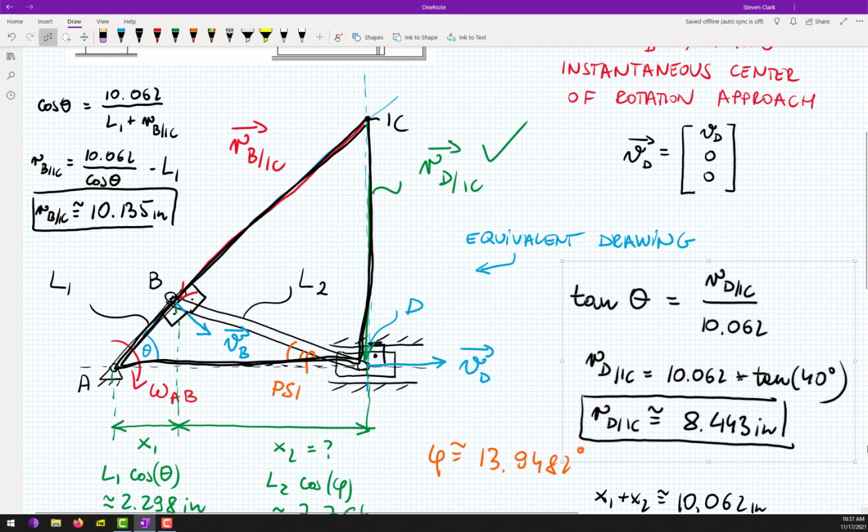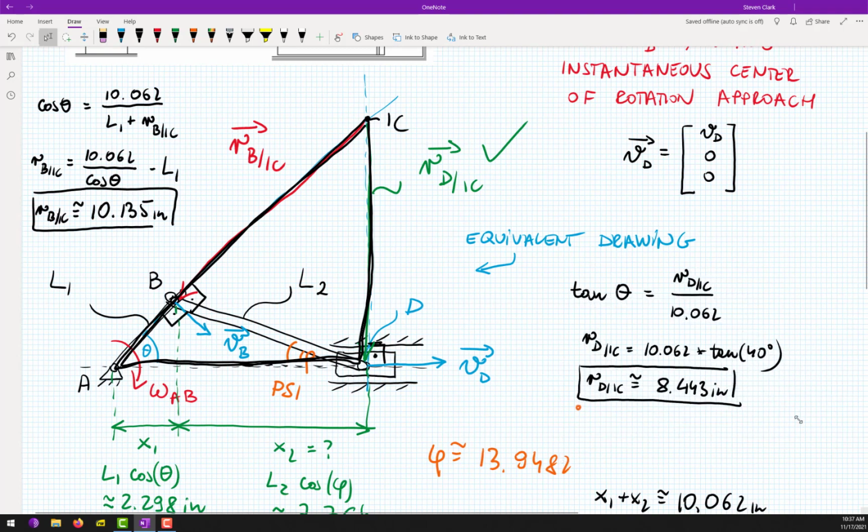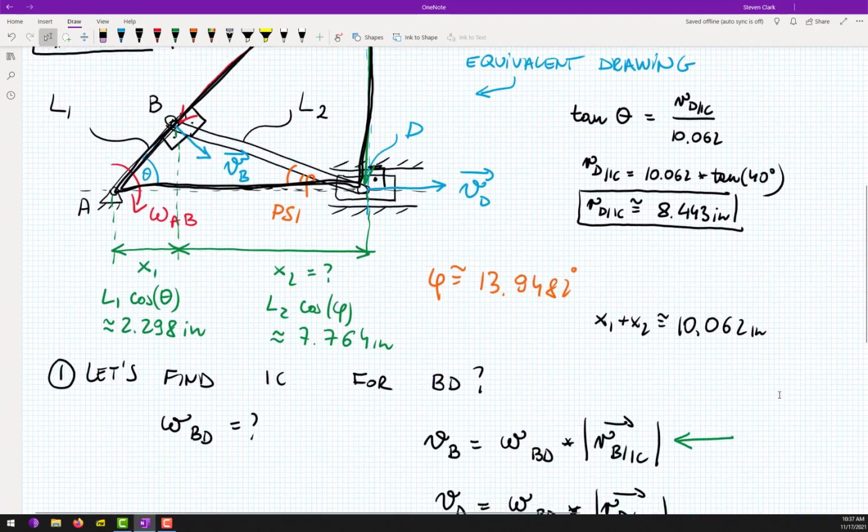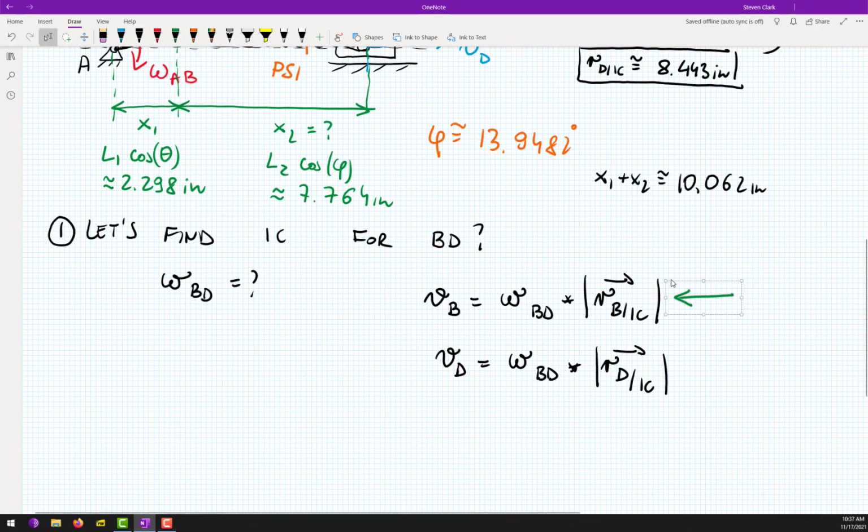Okay, so now I think that we know almost everything to solve that problem. So let's look at our equations. Guys, do you mind if, instead of writing that magnitude, I just write a scalar? So it will be omega BD times RBIC, and omega BD times RDIC.